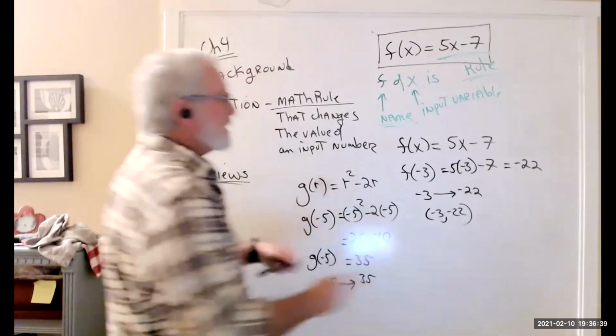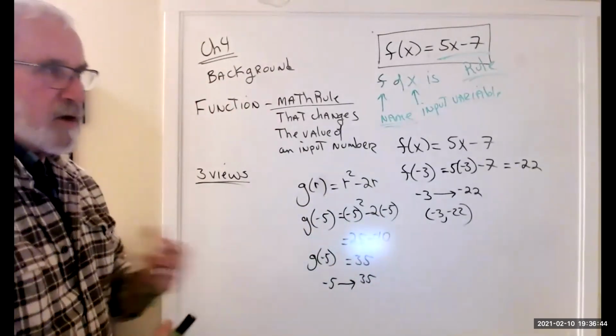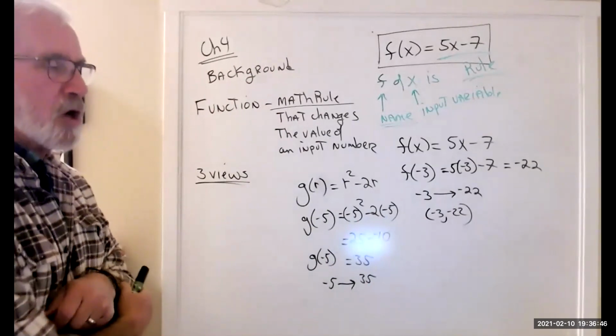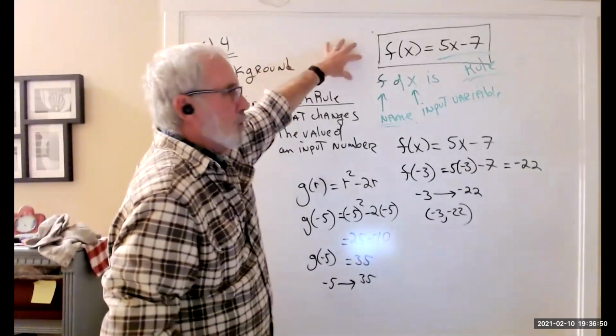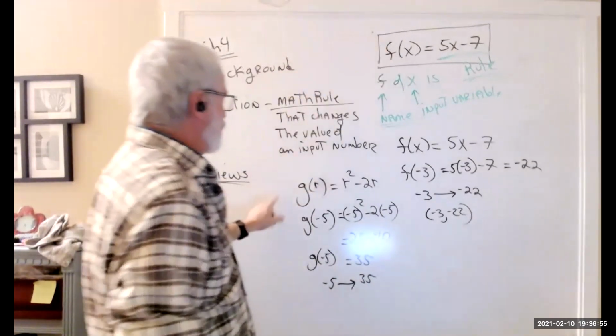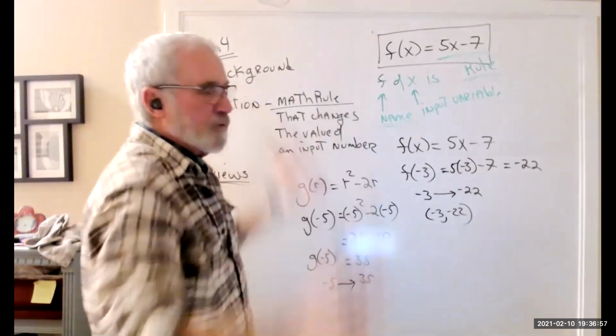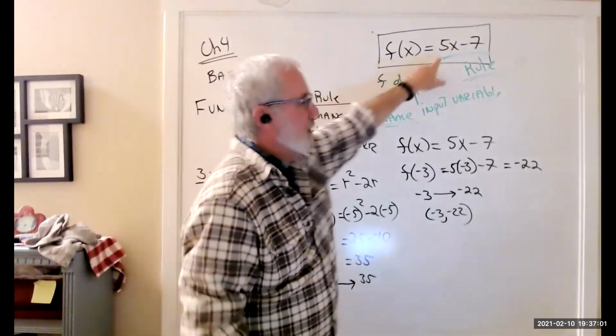Okay, now that's the basics of functions. It gets much more complicated than this, but that's the very basics. We're introducing a rule, and we use f of x or g of r, whatever its name is, and we give you a formula.